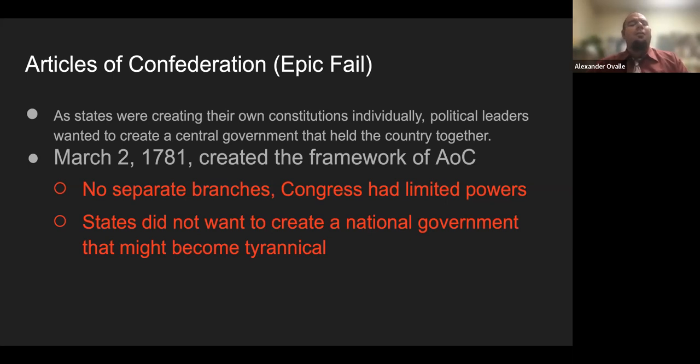However, under the Articles of Confederation, which is our first constitution, there were no separate branches of government, and Congress had limited powers. The states did not want to create a national government that might become too tyrannical. Again, they'd had experience with tyrannical governments. They did not want that to happen.